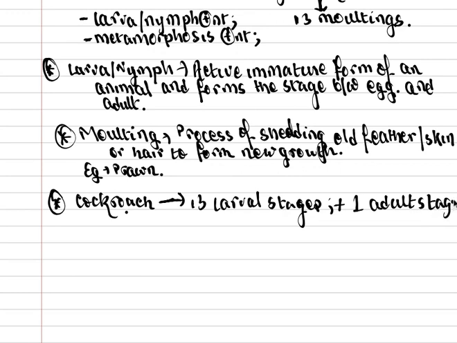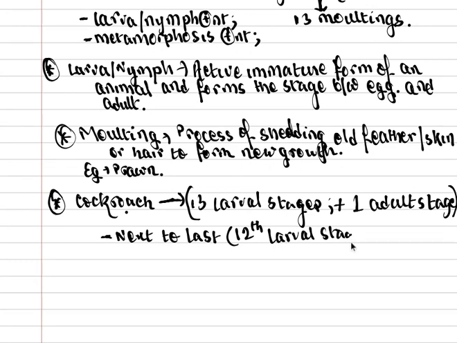One morphological difference between the larva and the adult is very distinctly given in the NCERT. It is written that the next to last nymphal stage, that is the 12th larval stage, shows the formation of wing pads.